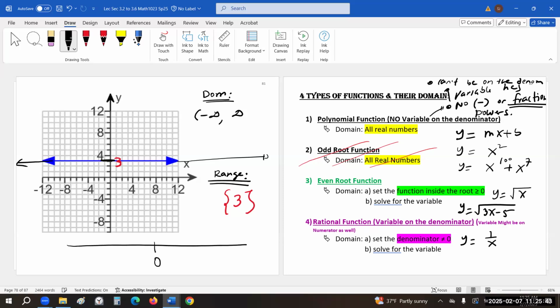We have 0 here, 1, 2, -1, -2. Can you spot -1 half on the number line? Between 0 and -1. See? -1 half does exist.